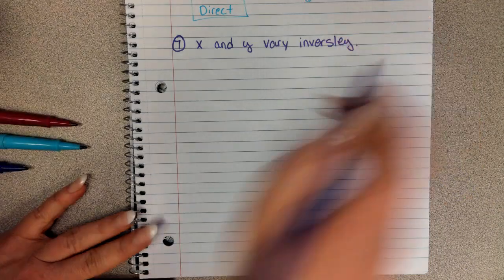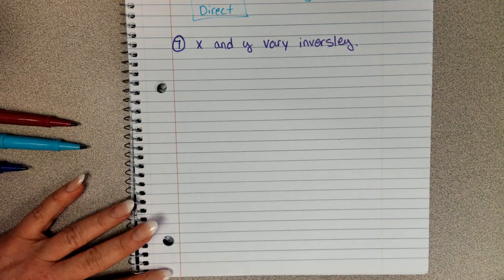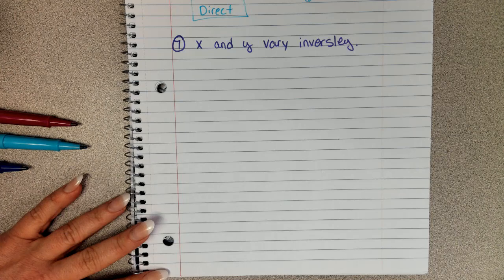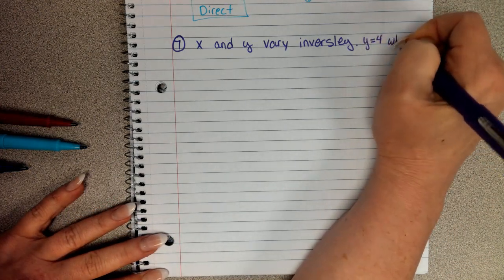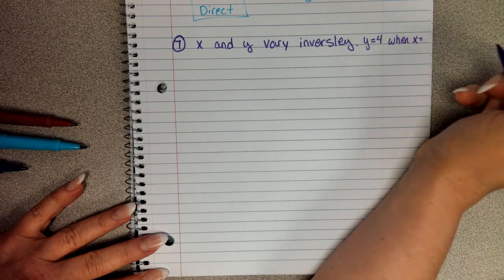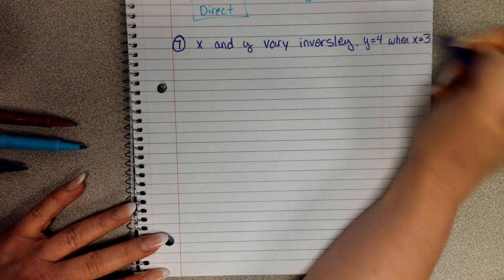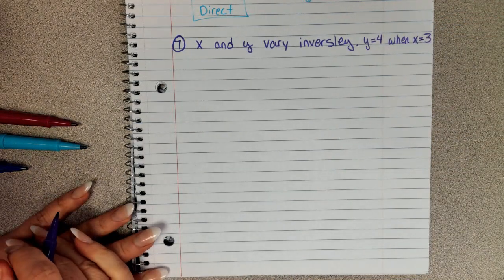That comment will be in there somewhere. And then they'll give you some values for x and y. So they'll say something like y equals 4 when x equals 3.